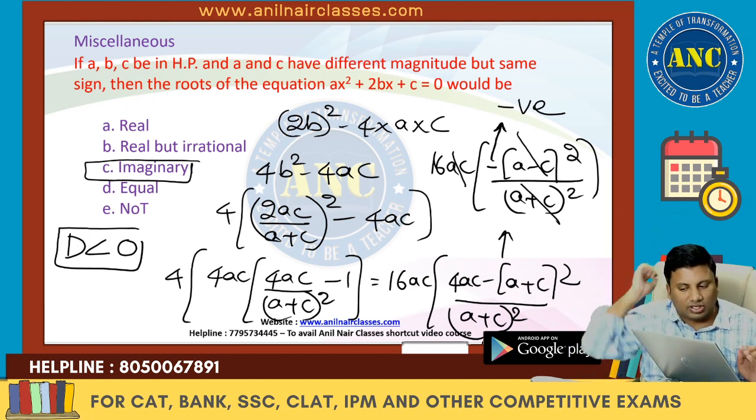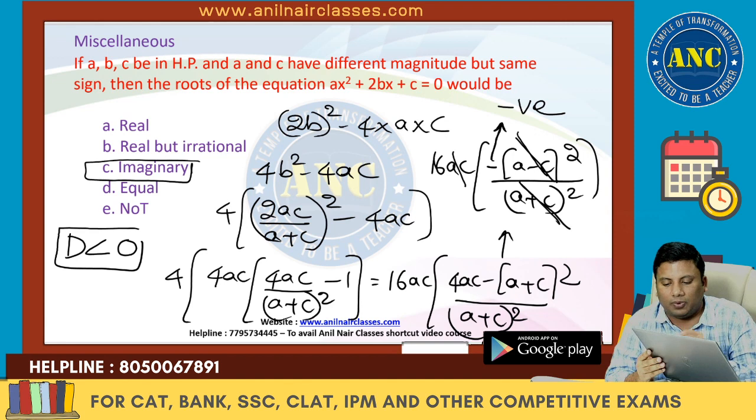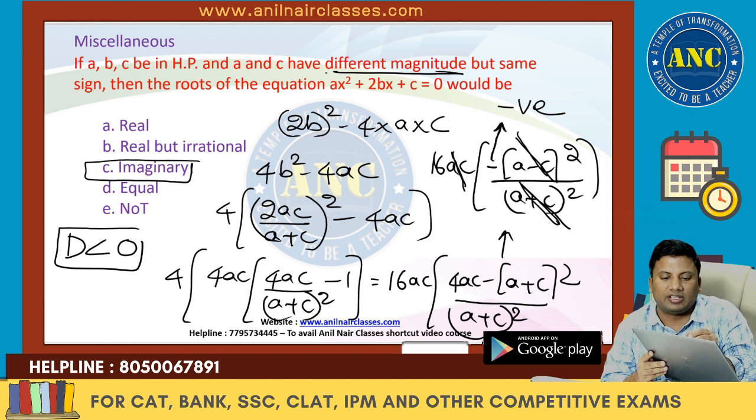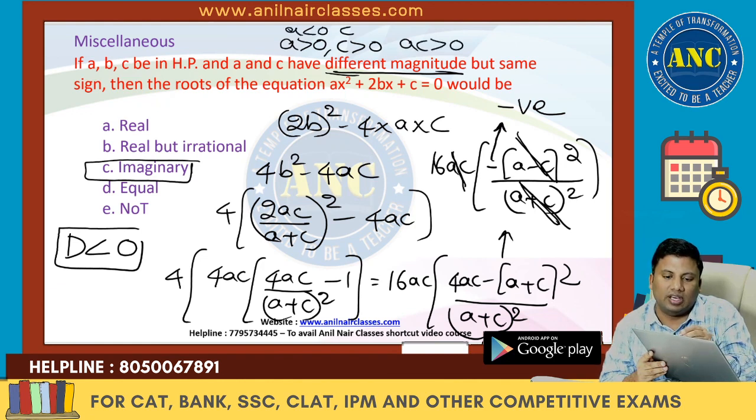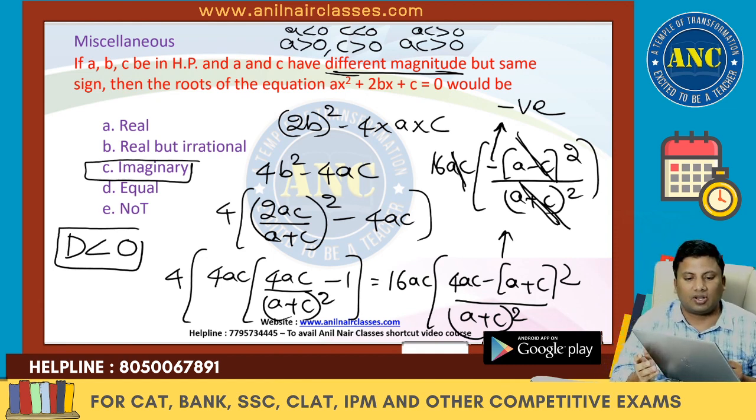A plus c whole square is not equivalent to 0, right? 16ac has a value. A is positive, C is positive, AC will be positive. A is negative, C is negative, AC will be positive.